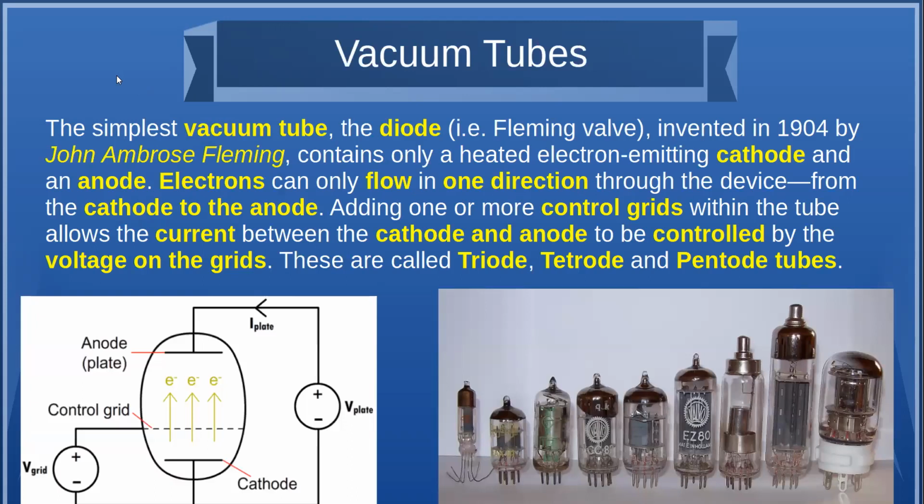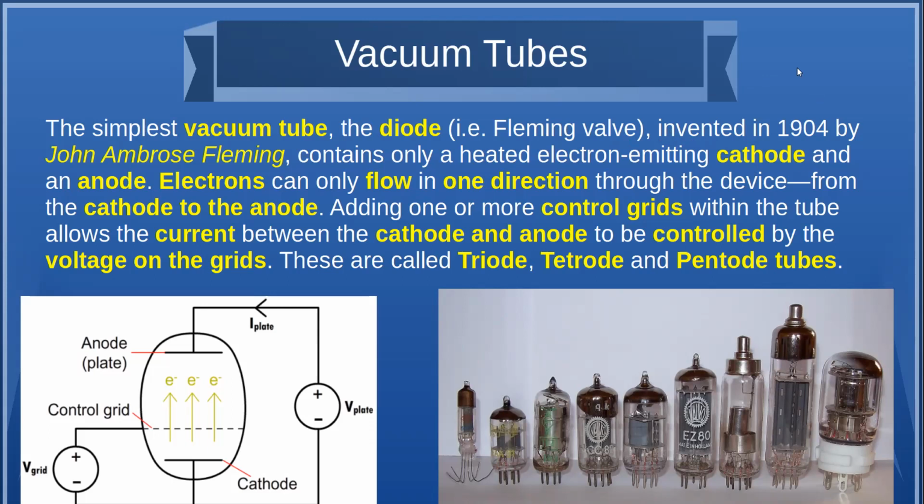We always have to talk about vacuum tubes because they're still around. There are questions on the exam about triode tubes and pentode tubes. Basically, it was the first sort of active device. Fleming invented what we today call a diode, where it could pass current from one element to the other in one direction only.